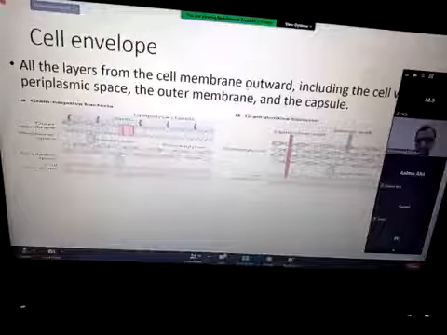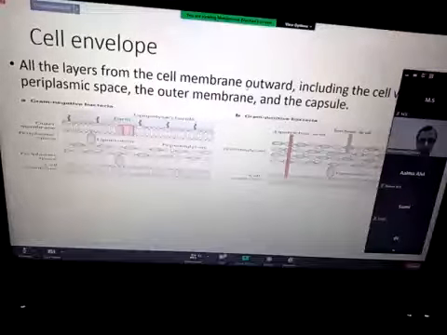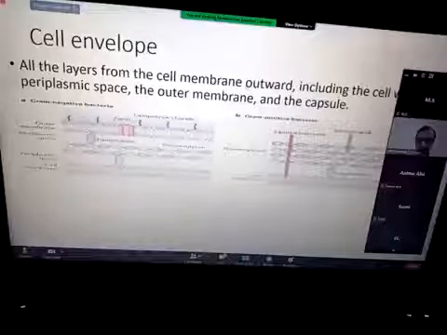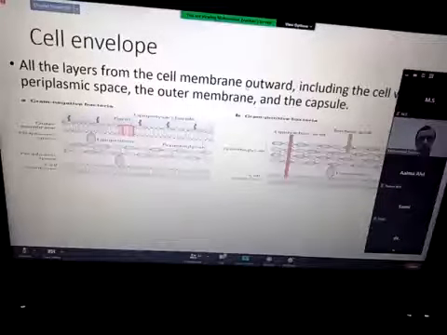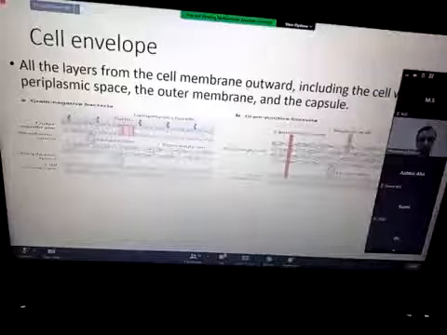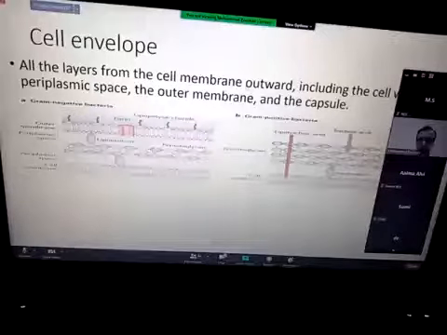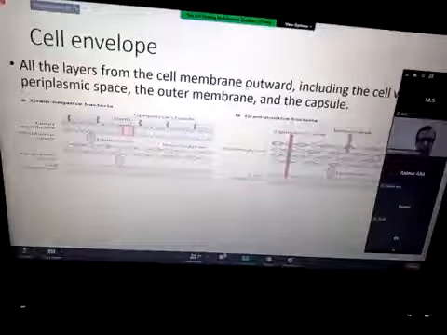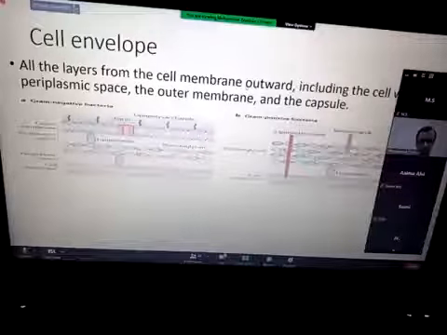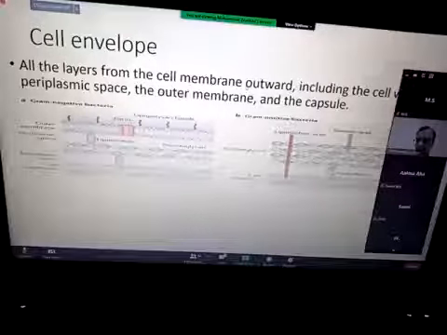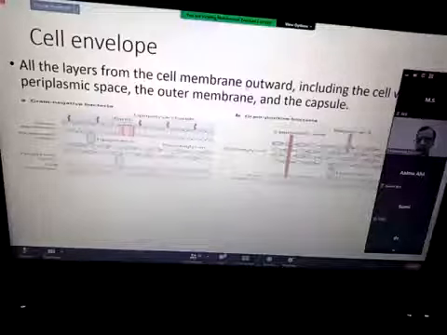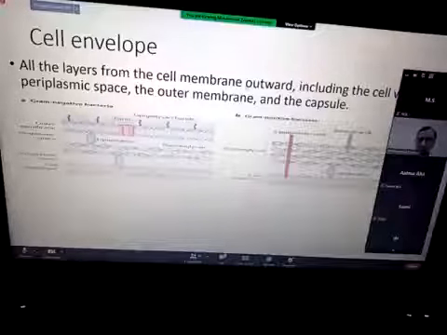In gram-negative rods the peptidoglycan layer is very thin, but in gram-positive bacilli it is a thick peptidoglycan layer.